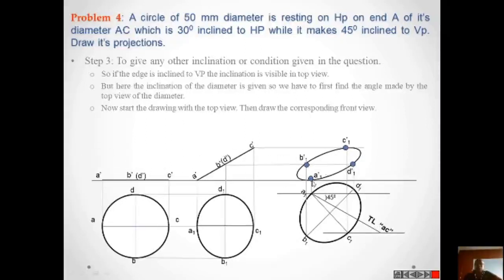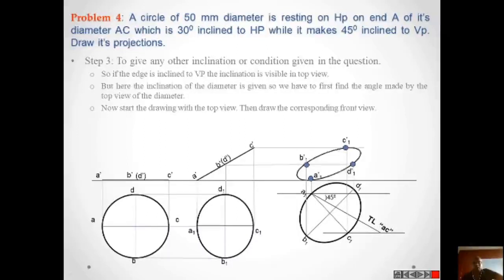If we have only 4 points, we will tend to draw here, but the top view is up to here and up to here, so the curve will be like this. So to get the smooth shape of this curve, what we have to do? We have to take more number of points. That is okay. So you will take more number of points and you will get this.